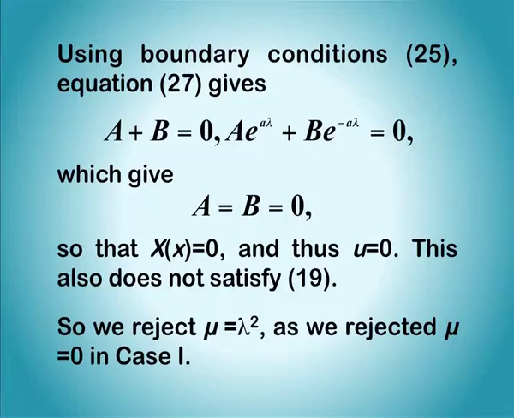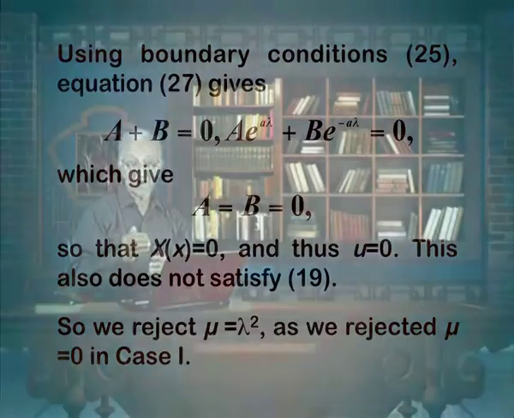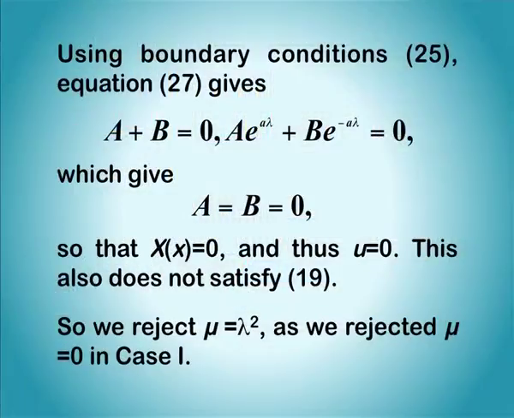But e to the power a lambda minus e to the power minus a lambda will never be equal to 0, and therefore the remaining quantity, that is only a, will give you 0. So that is how we get a is equal to b is equal to 0, and since a is equal to 0, a plus b is equal to 0 will imply that b is also 0. Simple equations.